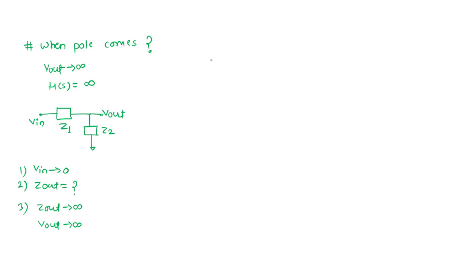So when we make V in shorted, this is my Z1. V in shorted means it is shorted. Here I'm not worried about the V out. I'm rather worried about the Z out, because my target is to make the V out infinite, and V out is nothing but I times Z out.